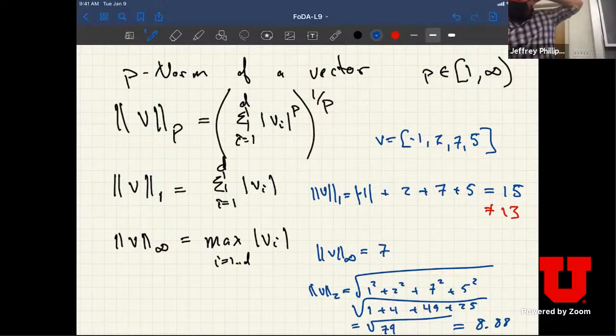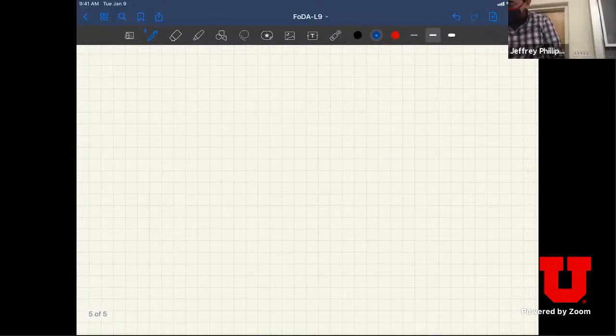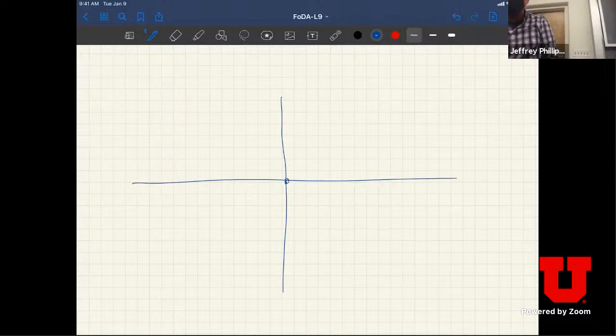Great. Okay. Let's draw a useful picture here. This is a picture I like to draw a lot. Think of an origin here, and now I want to draw the set of all vectors with the 2 norm equal to 1.